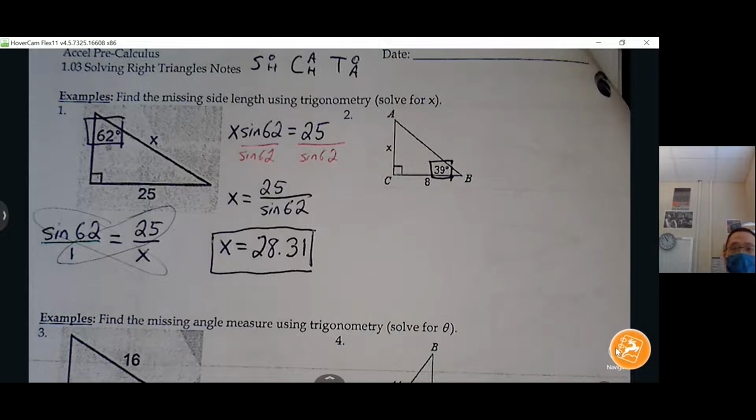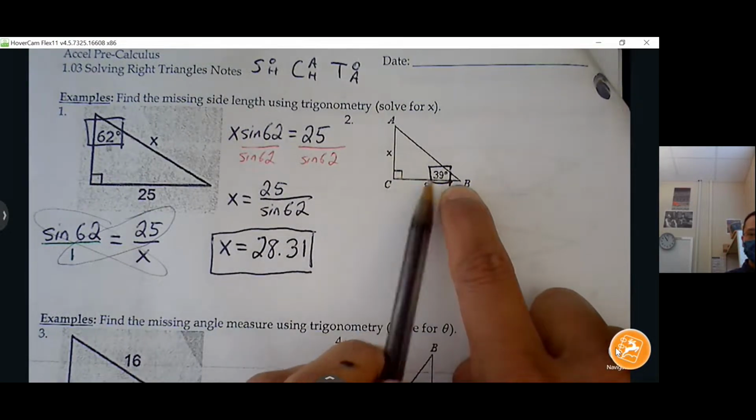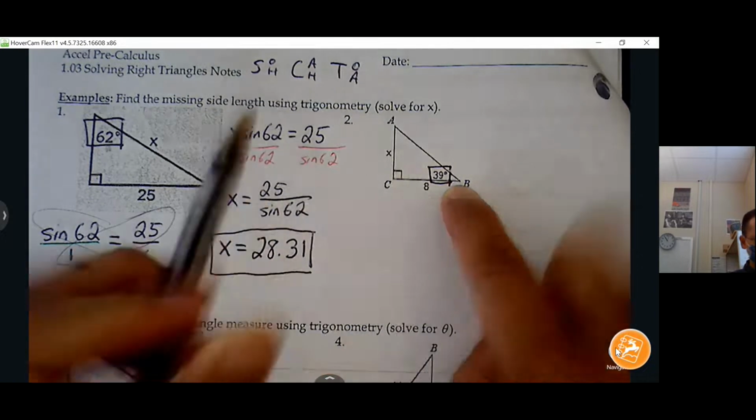So which trig function do we end up choosing? Tangent. Okay, good. The side opposite that 39 degrees is the x. Adjacent to that 39 is the 8.